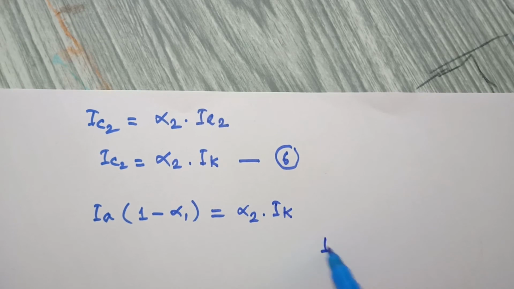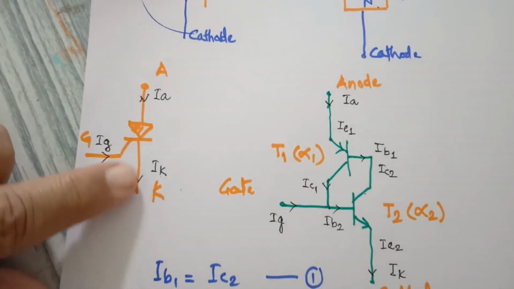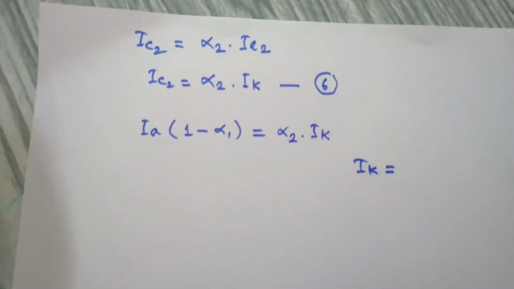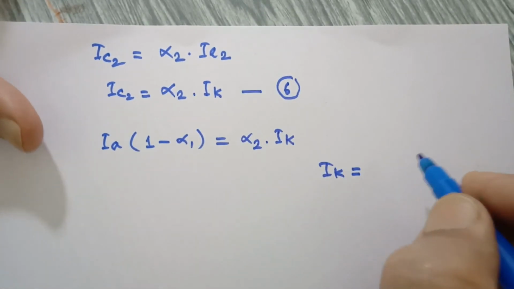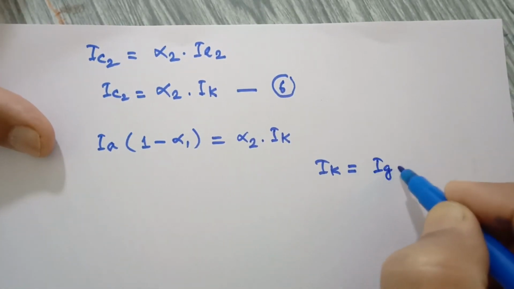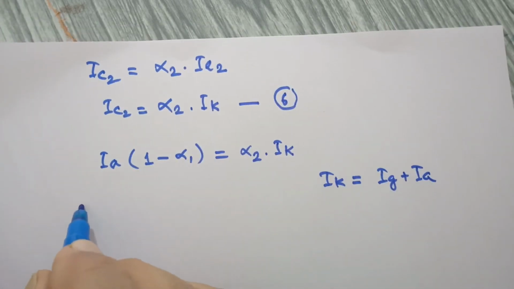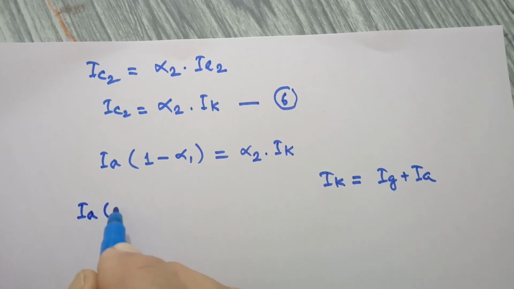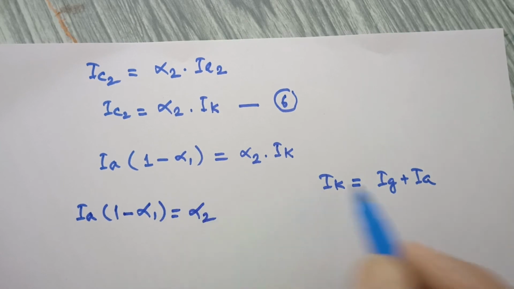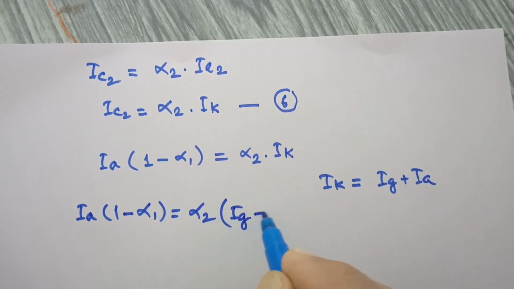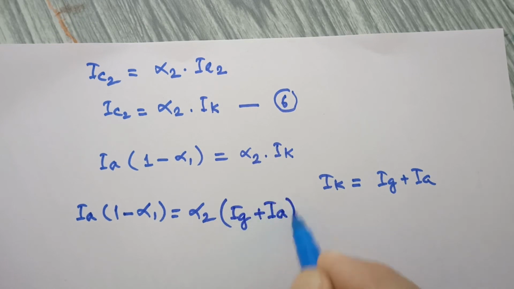But again IK can be substituted as, look here, IG plus IA, from equation 2. So IK, the cathode current, is nothing but gate current plus anode current. Using this value, we get IA into 1 minus alpha 1 equal to alpha 2 times IG plus IA.